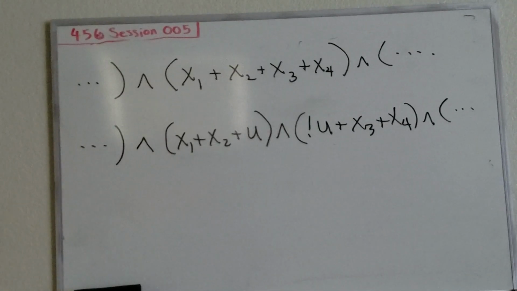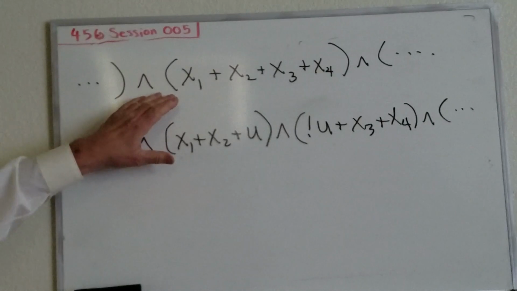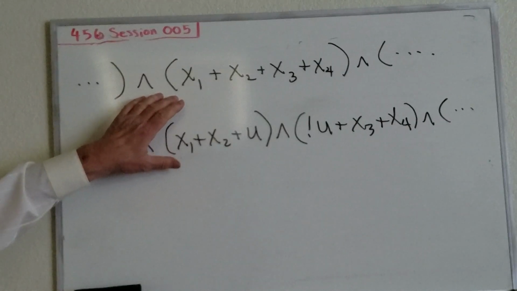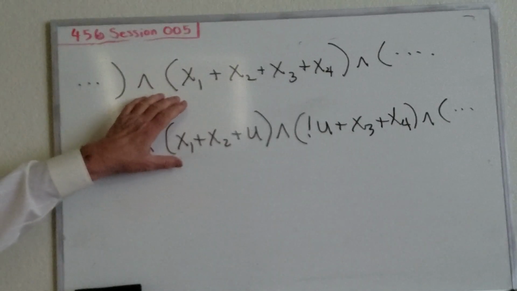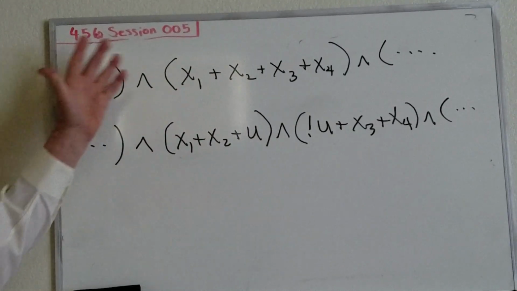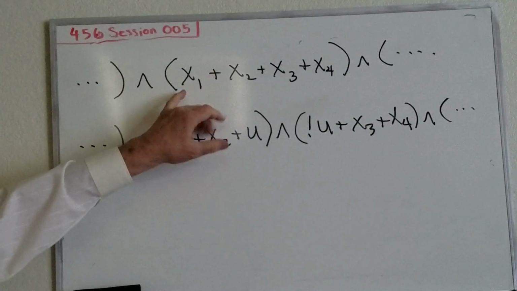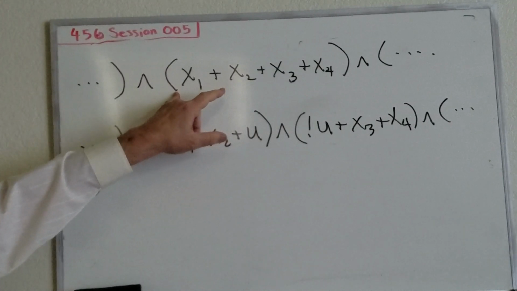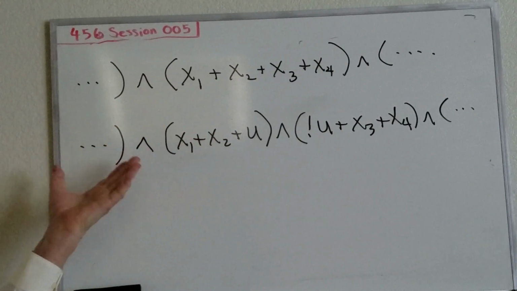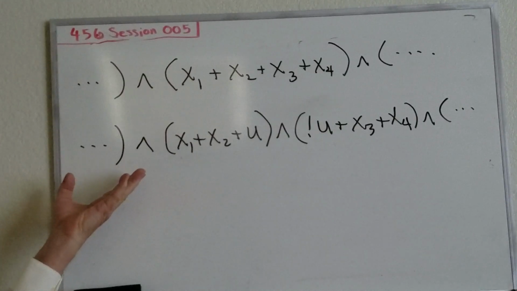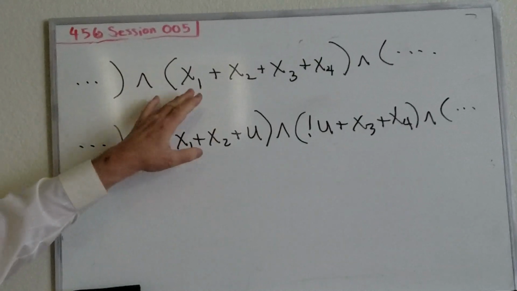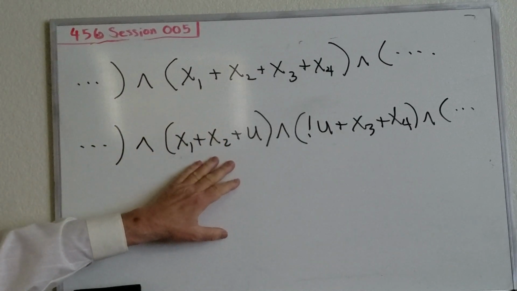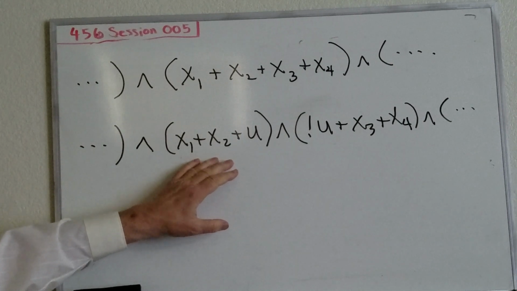Here's an example of the simple-minded reduction of SAT to 3-SAT. Suppose, for example, we have a long expression here, and it contains this clause which has 4 terms. Well, one of the things we need to do is to come up with a 3CNF form. We have to replace this clause by a conjunction of clauses with 3 terms.